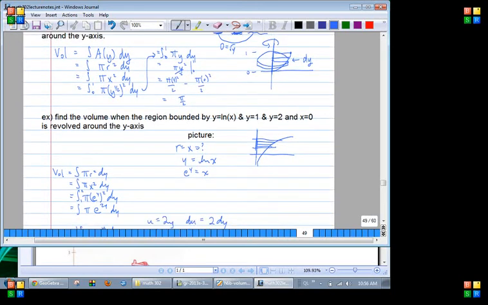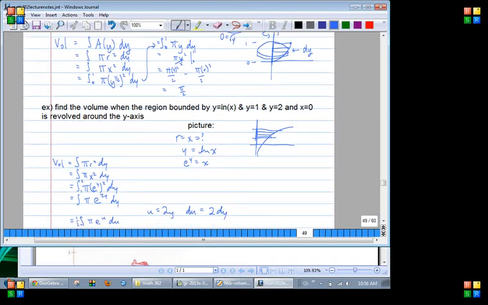1 over 2. So of course du is 2 dy, but we want to replace dy, so what's going to go in? Yeah. So e to the 2y becomes e to the u, and dy becomes half du, and I just pop the half out in front.